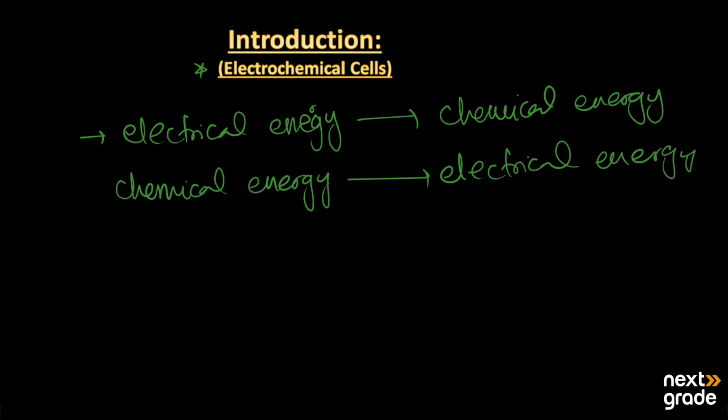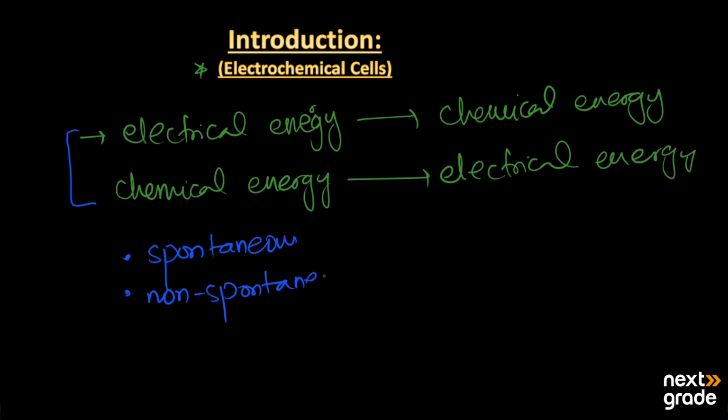So basically, two types of chemical processes take place in this conversion. The first one may be a spontaneous process. On the other hand, it may be a non-spontaneous process.